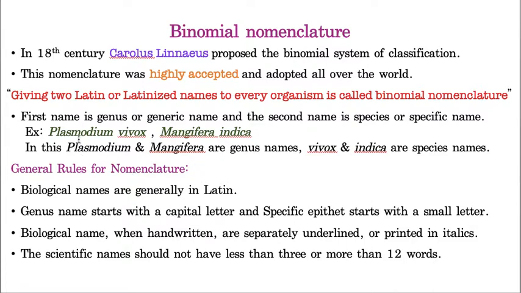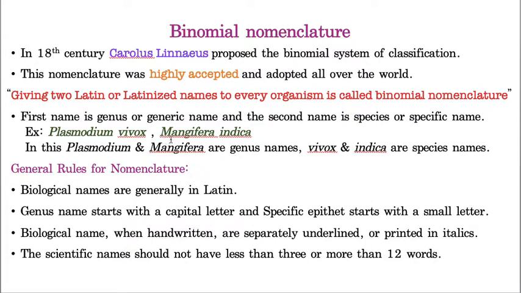The first is called the genus name, and the second is called the species name, where the genus name must start with a capital letter, whereas the species name must start with a small letter. You can clearly observe Plasmodium vivax. In this, I started the P with a capital, whereas the V, the first letter of the species name, I started writing with a small letter. Now let us take the second example also. Mangifera is a genus name.